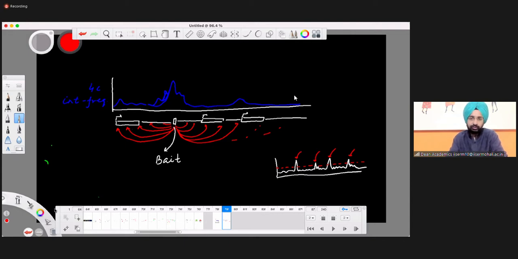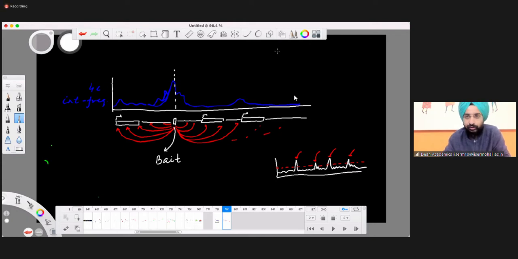So what we do is the following. We take this reference point, and we fit a lowess regression, which is a polynomial regression. So as a function of distance from this reference point, we take the 4C signals.